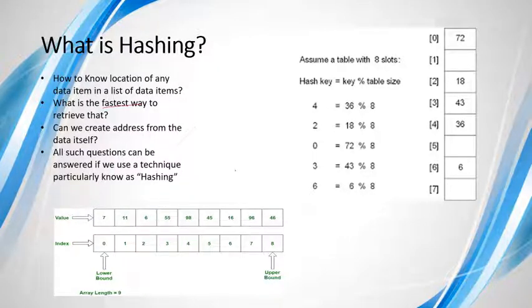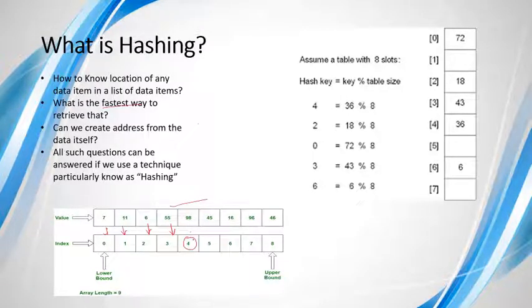If you consider the structure of an array, we have a set of elements like this, and we have a corresponding index location for each element. Whenever we want to create an element, we provide the index entry.